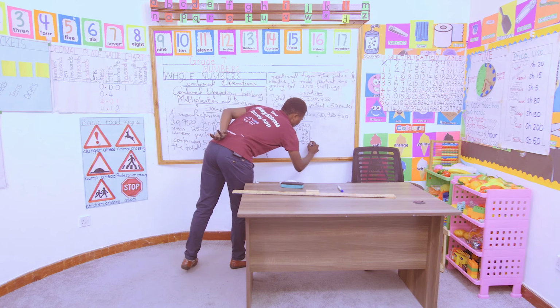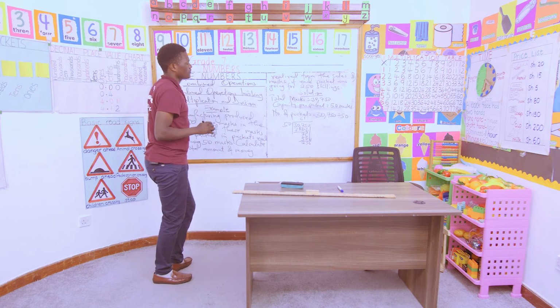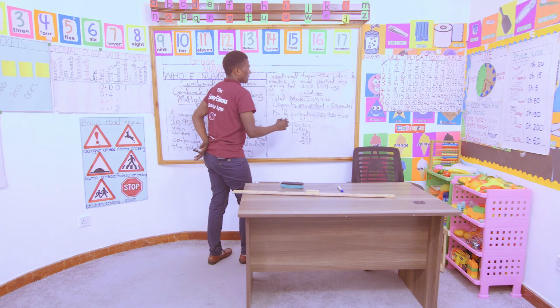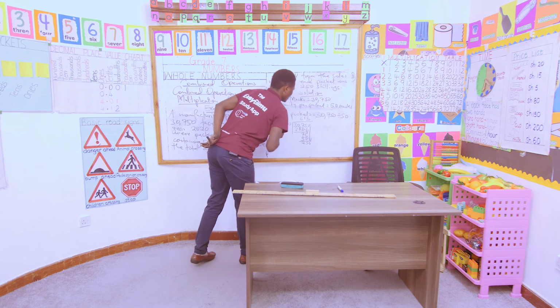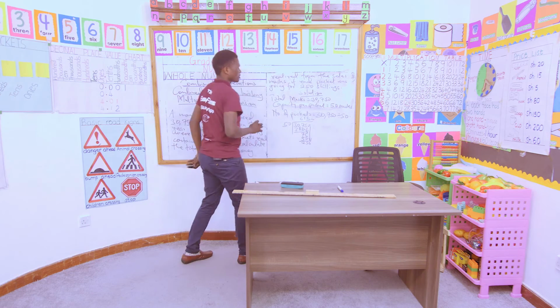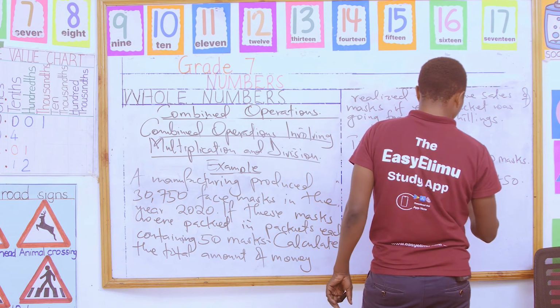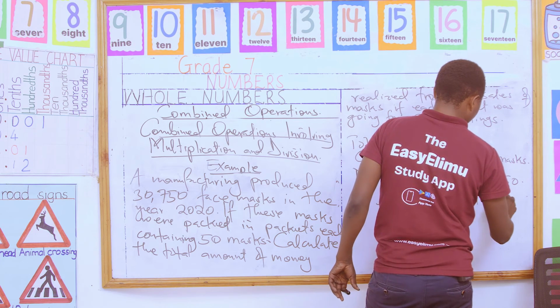If you drop the last digit, which is 0, you have 250. 50 to 250, that is 5 times. So this is our quotient, which represents the number of packets that they had.